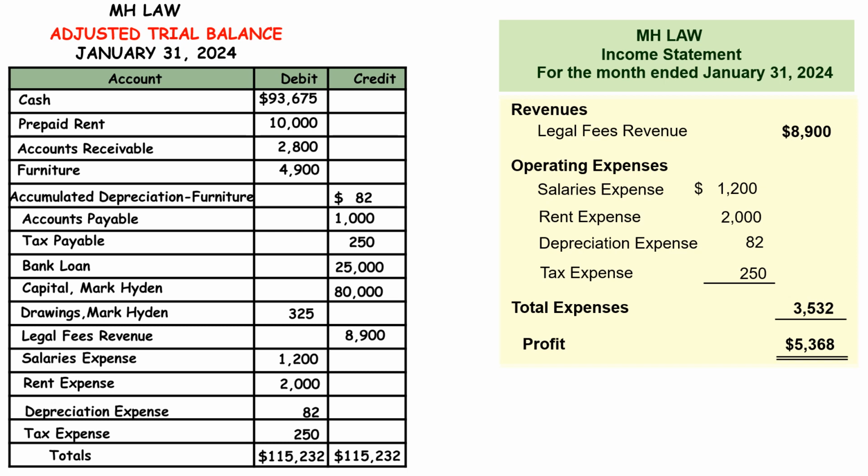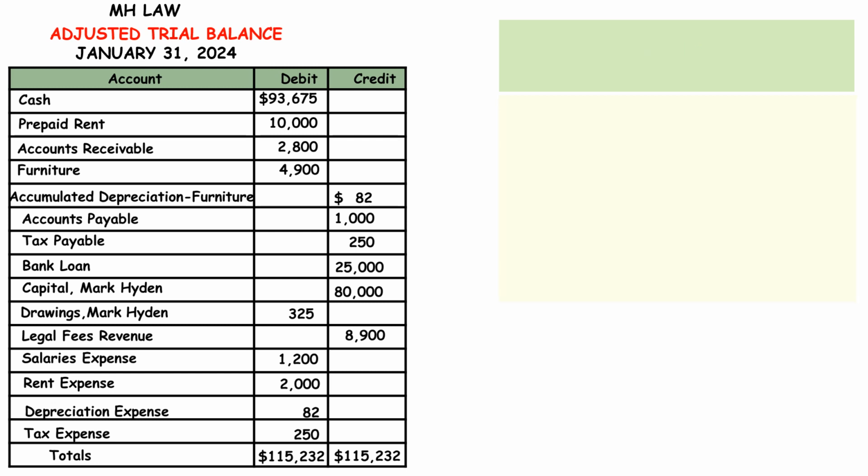So again, all we need to do is copy information from the adjusted trial balance and organize it so that it is easier to understand for creditors and investors. So once the income statement is done, we go on to prepare the second statement, the statement of owner's equity.